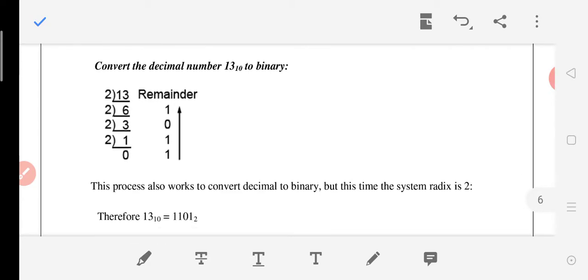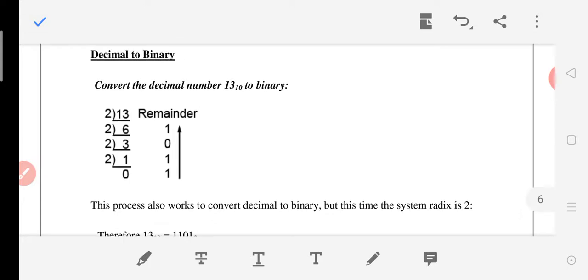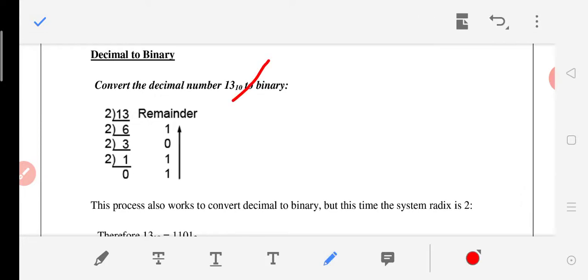Let's take an example: convert the decimal number 13 to binary. Here 13 is in the decimal number system, so in the suffix we write 10. The 10 indicates the base of that number.